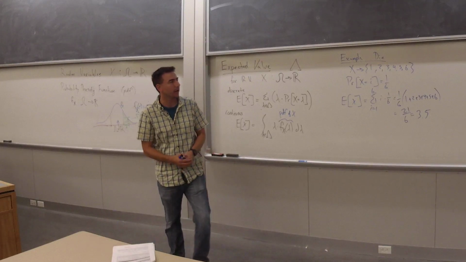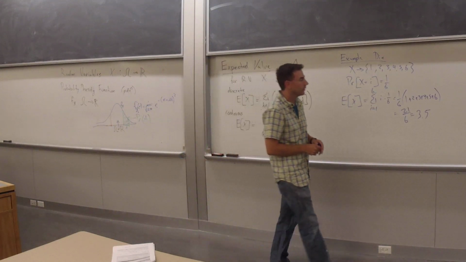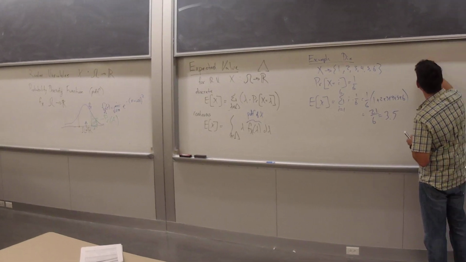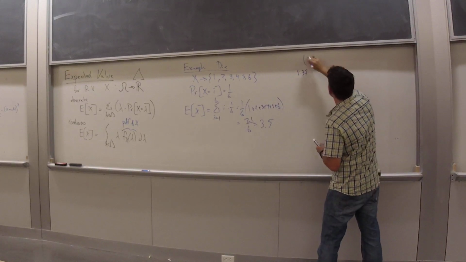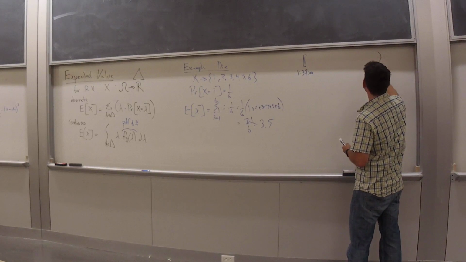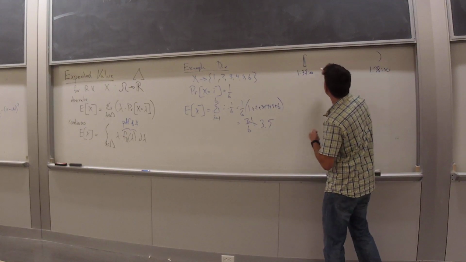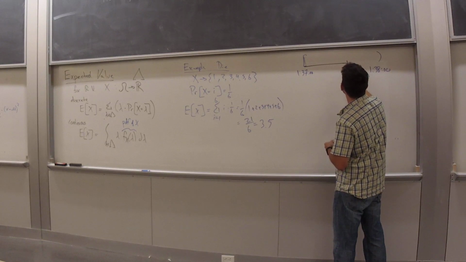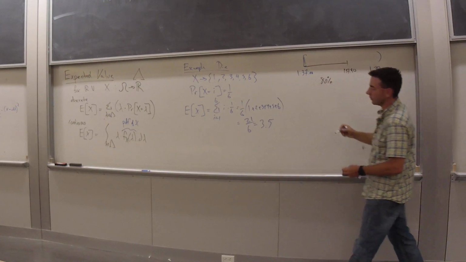So the other example I'd given was about the Swiss train, right? We had the Swiss train from 137 to 138, and I said that this range in here, up to 137.40, accounted for 80% of the probability.